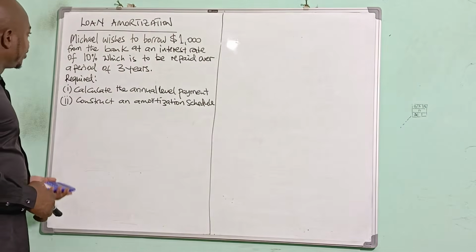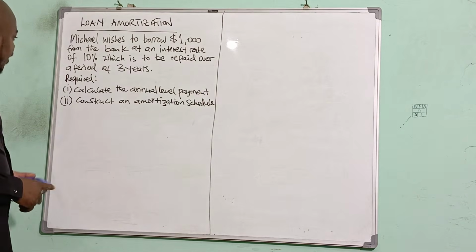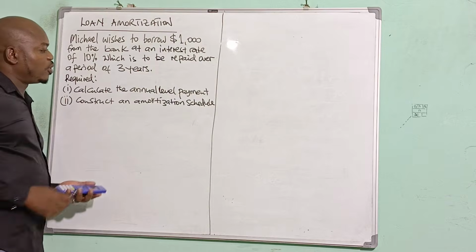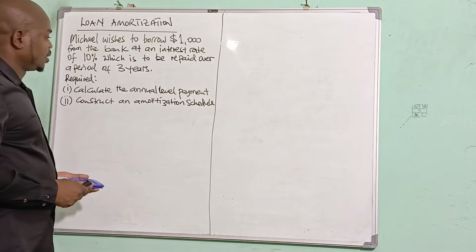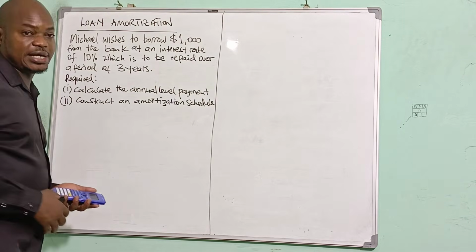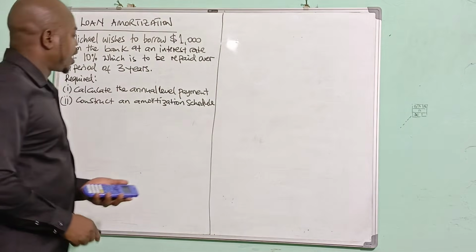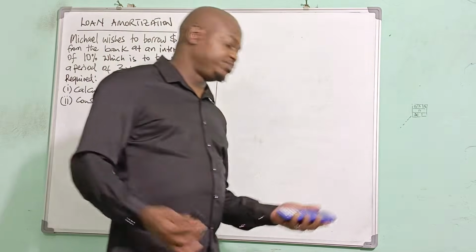And then required there, we've been asked to calculate the annual level payment. That's the first requirement. And the second requirement, we've been asked to construct an amortization schedule.